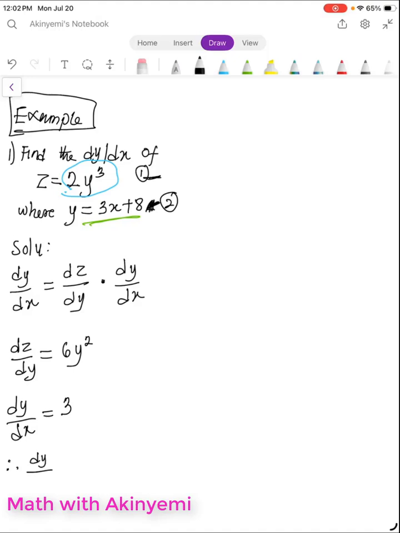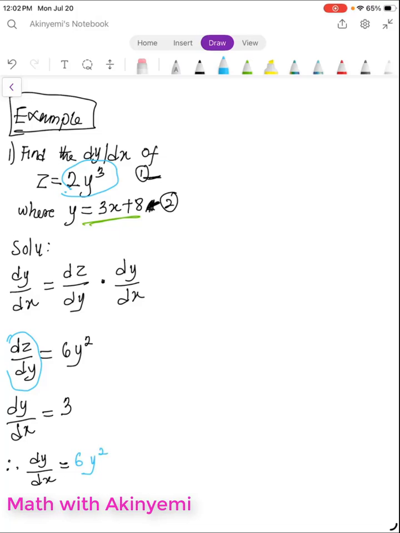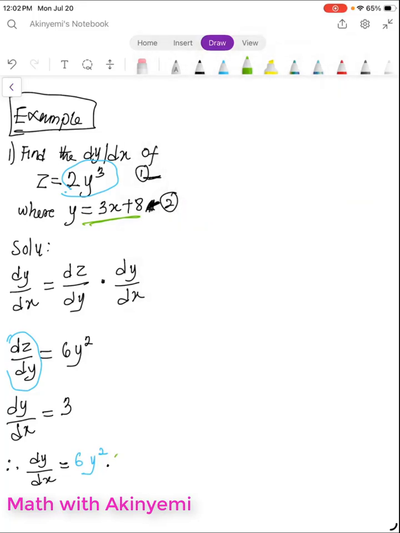Therefore dz over dx equals dz over dy, which is going to give us 6y square multiplied by dy over dx, which is 3, right?